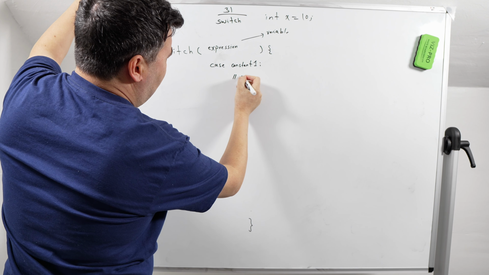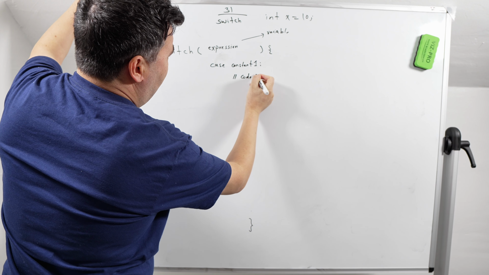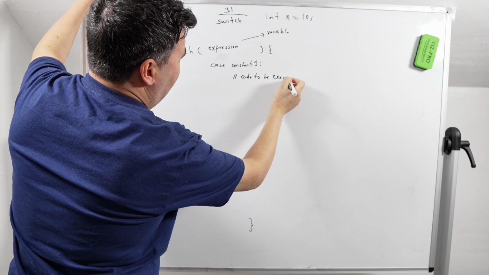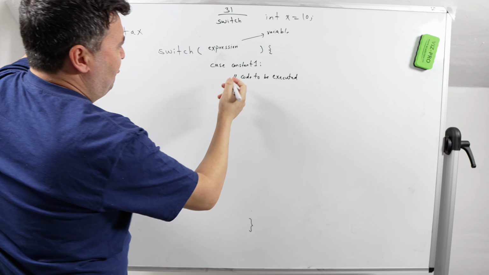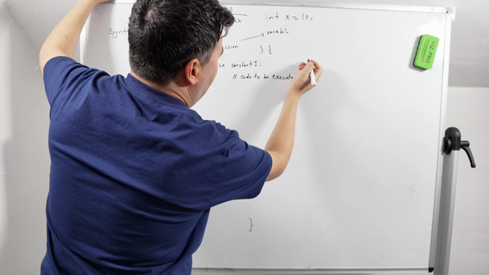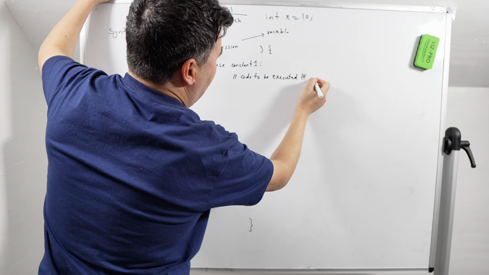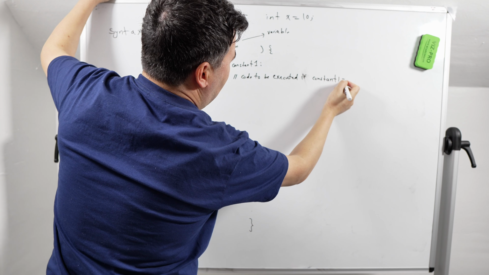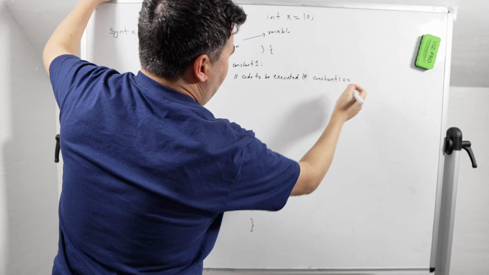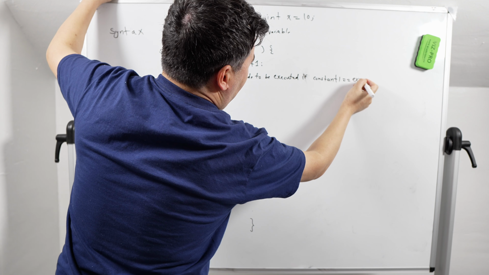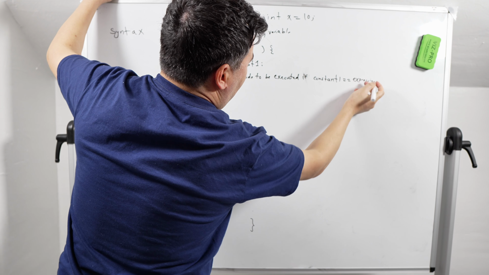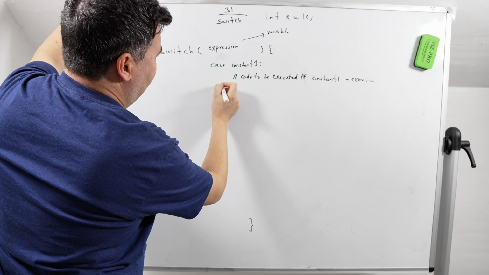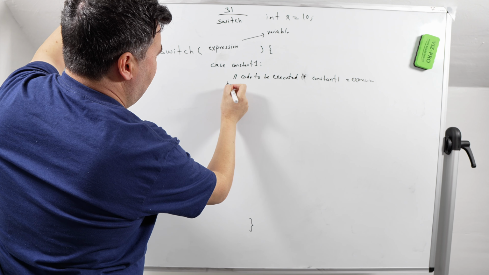Then we write the code to be executed if constant 1 is equal to the expression. Then we have break, with a semicolon.